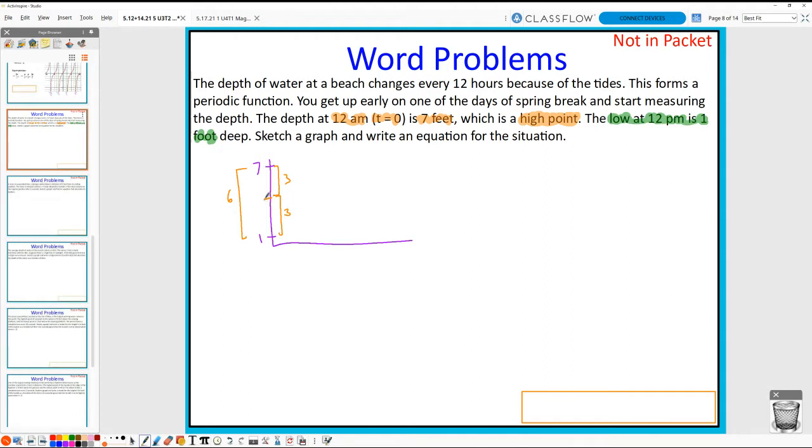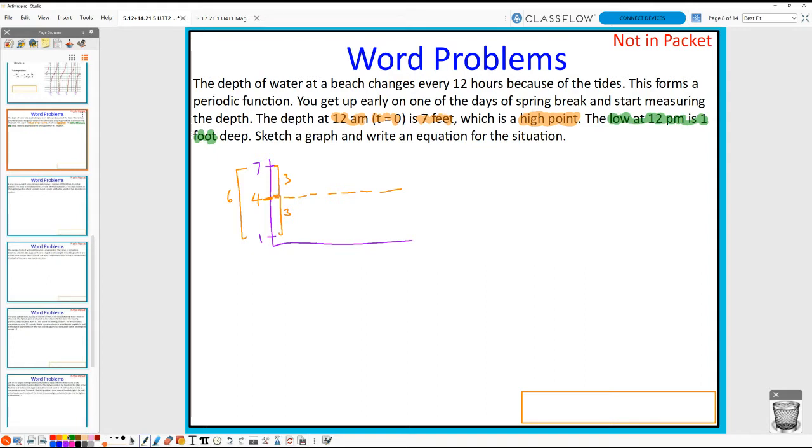So the midline right here must be 4, right? 1 plus 3 is 4, 4 plus 3 is 7. So I have my midline. And again, this is a very rough sketch here, but I have a lot of information already.